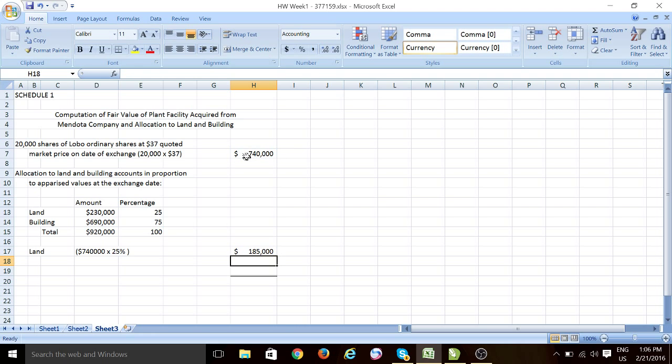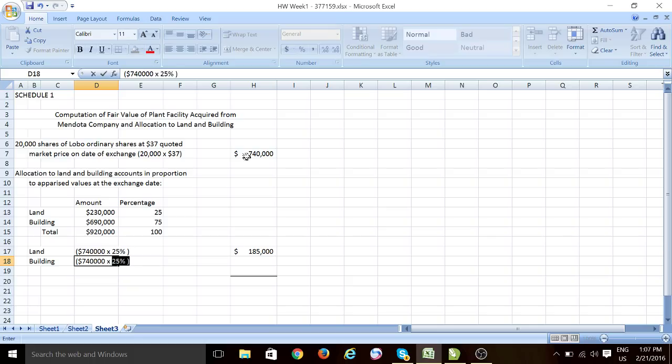So we got that the land will cost $185,000. And then we do the same thing for the building to find the cost that we're supposed to put in the book.